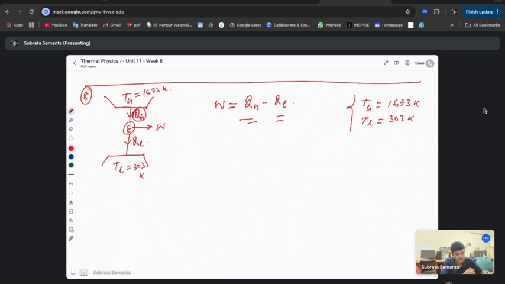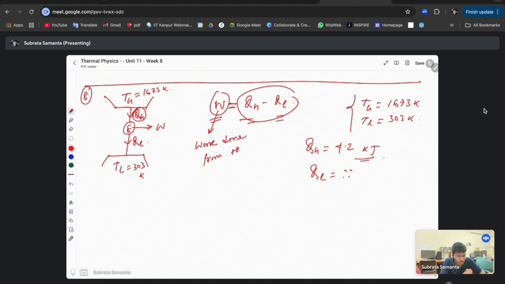So QH is 4.2 kilojoule. You have to calculate QL first, and once you know QL, you just take the difference of these two numbers to calculate the work done, obtained from the engine.